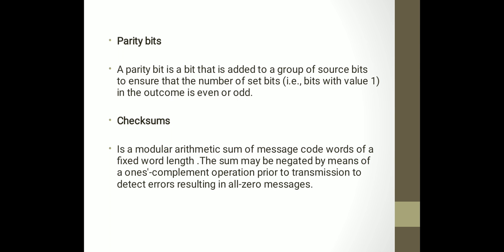Once the receiver gets the data, they add all the values, so the sum of all the numbers will be 0. It denotes the data which they received is correct. In case there is any modification, they can easily identify that there is some error in the data which they receive.